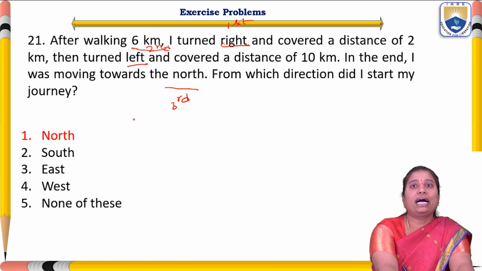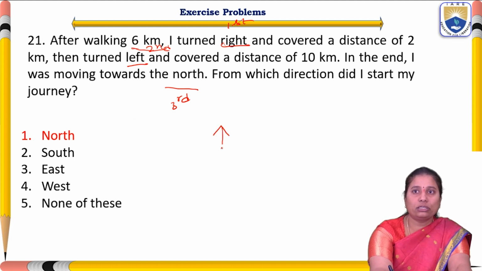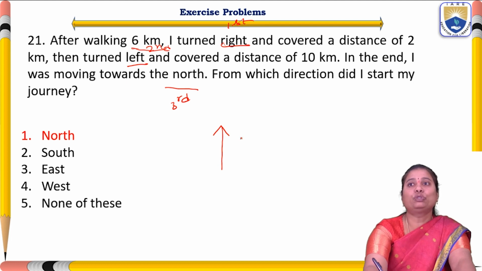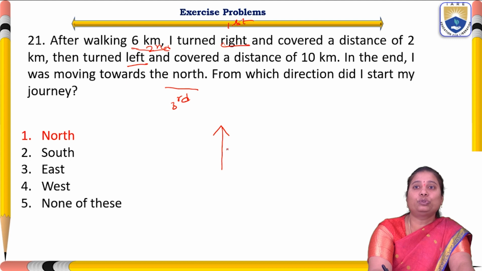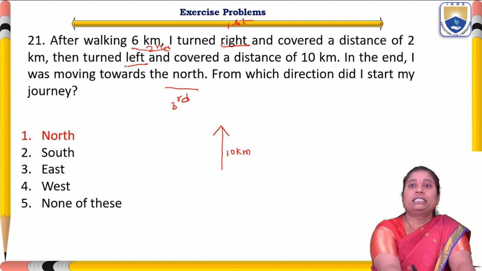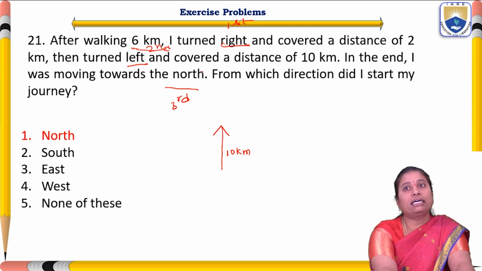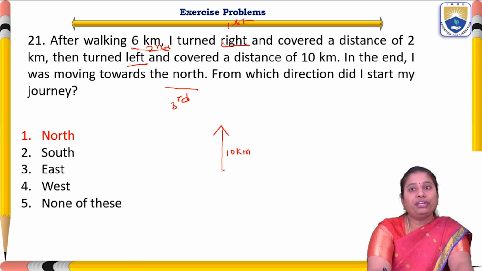In the end, I was moving towards the north, means at the end point he is in the north direction. Before this, how much distance has he covered to reach this north? 10 kilometers. And then he turned to the left and covered this one.